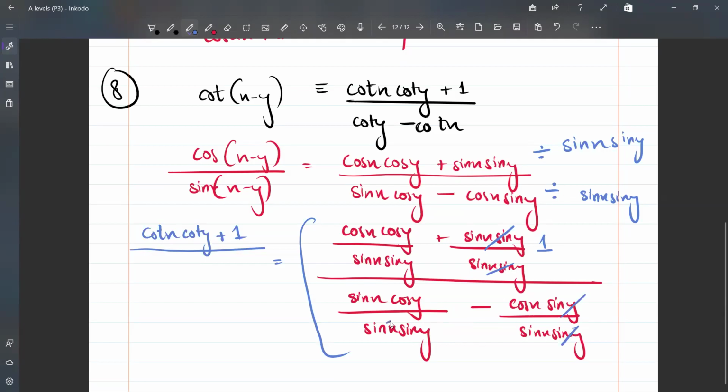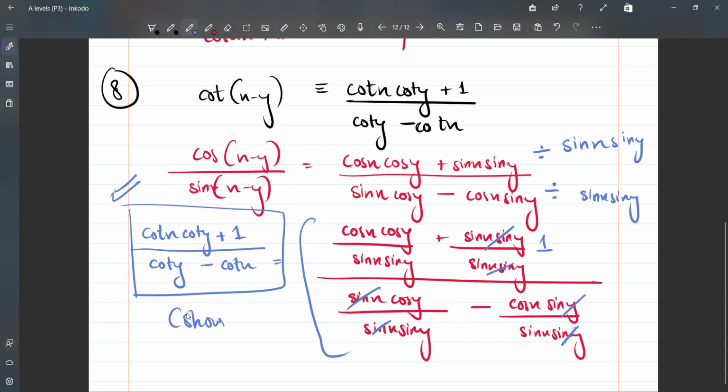Also we got rid of sin x and sin x. So cos y upon sin y is cot y, and cos x upon sin x is cot x. So yeah, this is what we had to prove. We have shown.